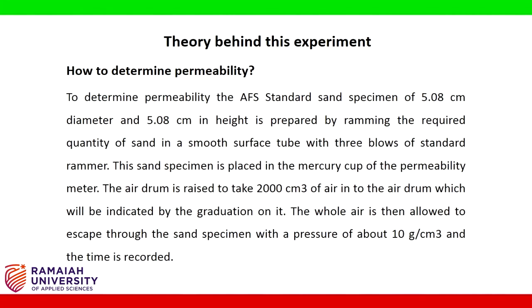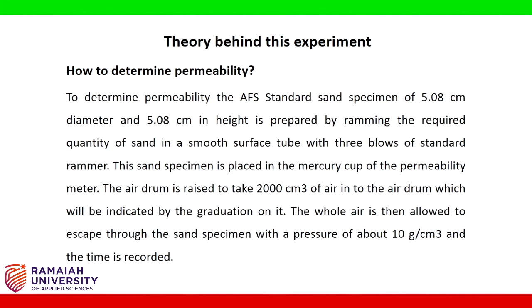How to determine permeability? To determine permeability, the AFS standard sand specimen of 5.08 cm diameter and 5.08 cm in height is prepared by ramming the required quantity of sand in a smooth surface tube with 3 blows of standard rammer.